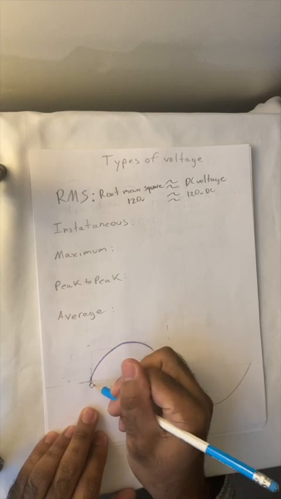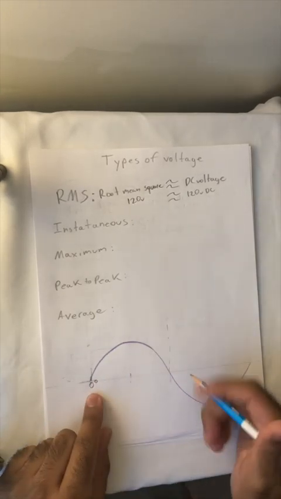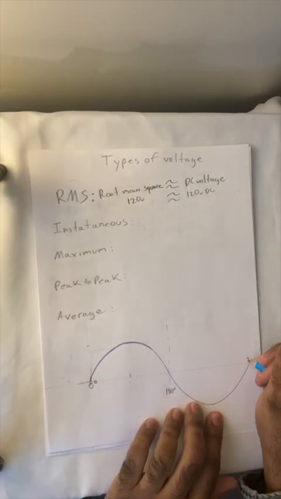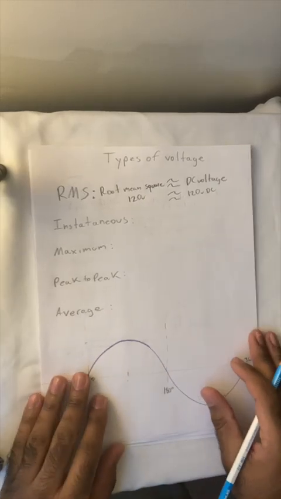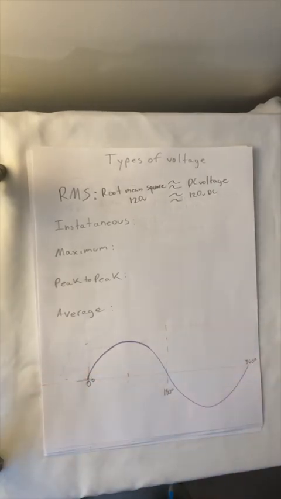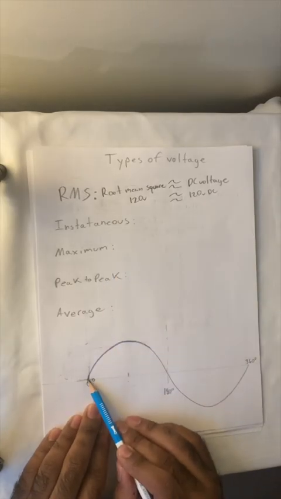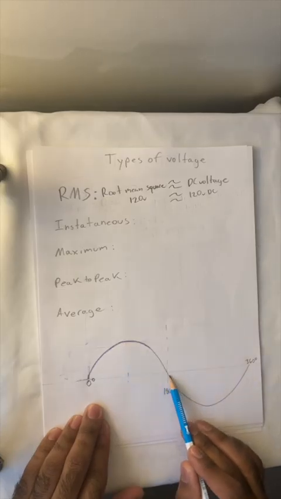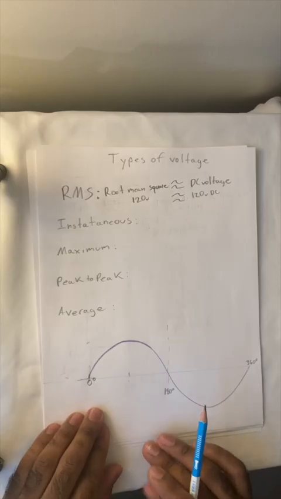Our instances in electrical are usually in electrical degrees. So we have 0, 180 degrees, and 360 degrees. The instantaneous voltage is the voltage value at some point along this sine wave.